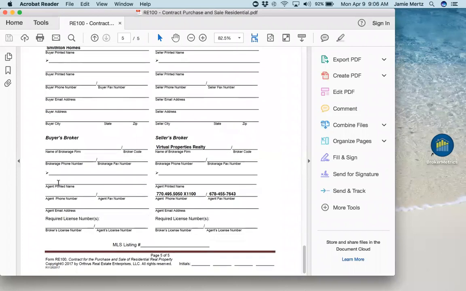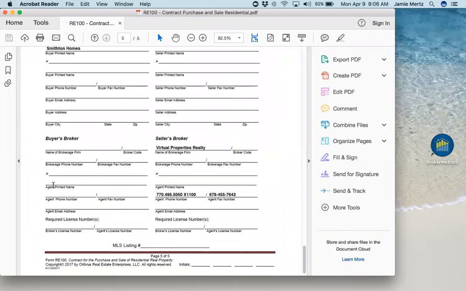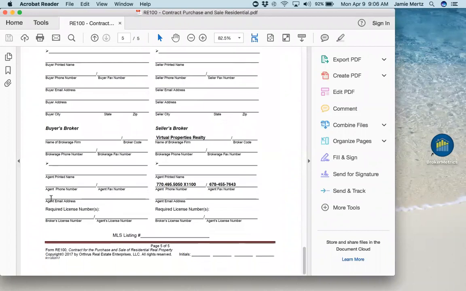Then you're going to provide your signature, your printed name, your direct phone number, that can be your cell phone, your direct fax number if you have one, an email address to reach you, and you must include your license number. If this information is not all completed on these sides, then it's not a valid contract. You also must include the broker's license number. Okay, so make sure that information is all filled in.